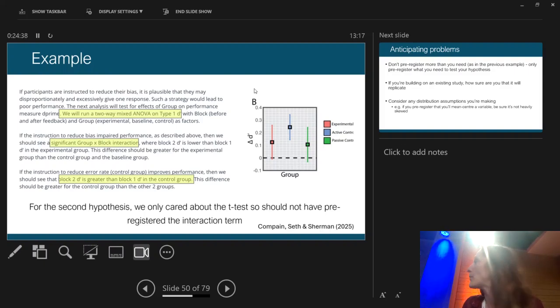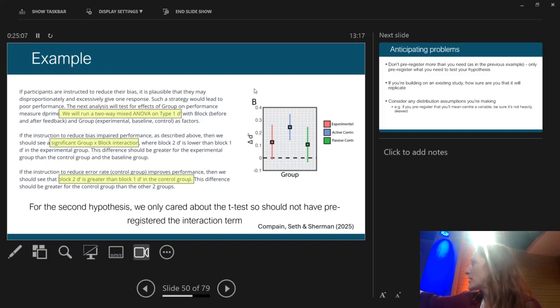And when we were talking about the different patterns of results that might come out, in the first case we said, so if the manipulation intended to reduce bias made people worse, then we would find an interaction, a significant interaction, such that blah, blah, blah.